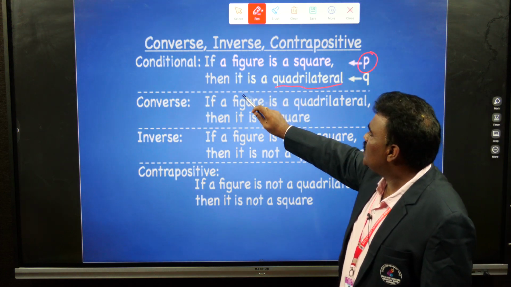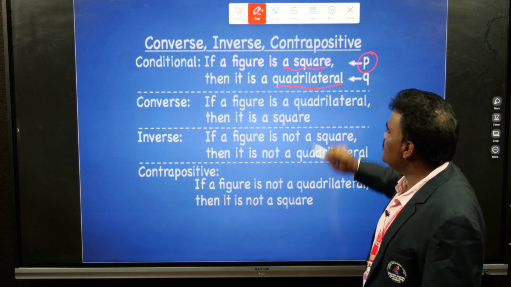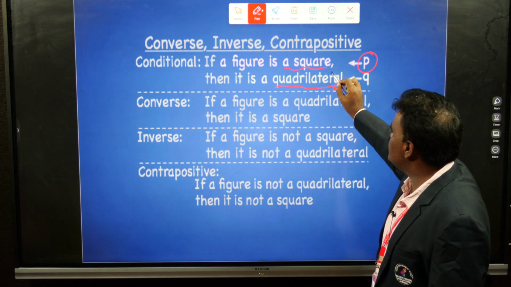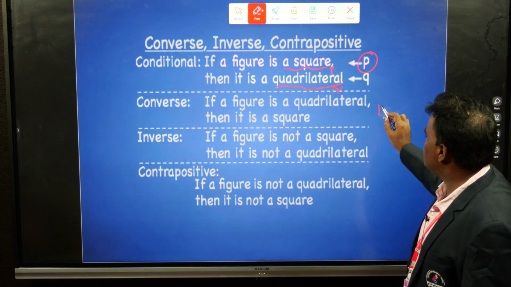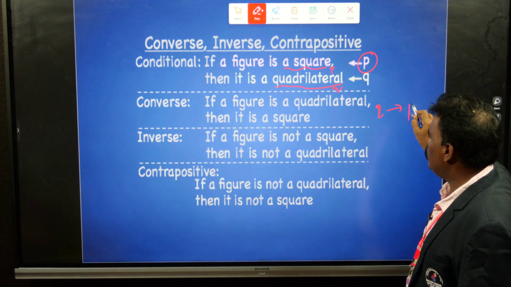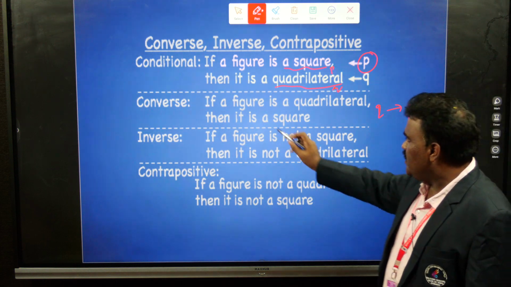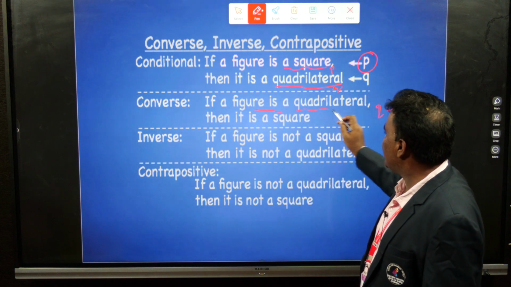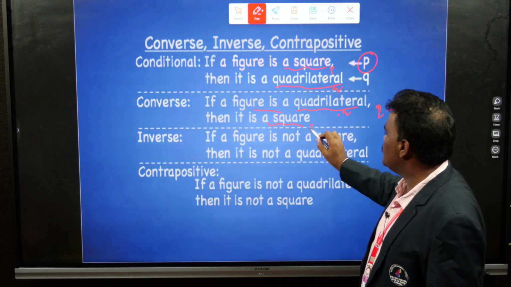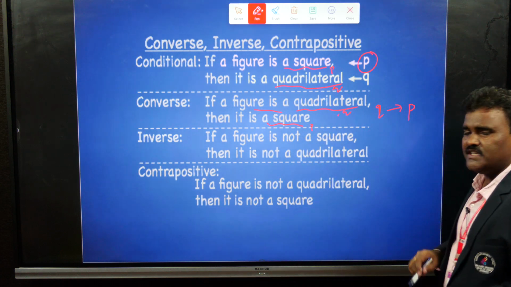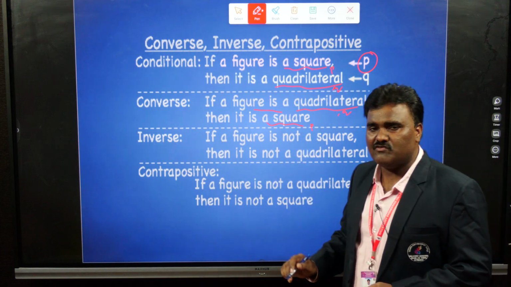So if a figure is a quadrilateral, this is Q and this is P, then it is a square. This is represented as Q implies P because that is converse. If we are interchanging the two statements, then that is said to be converse.